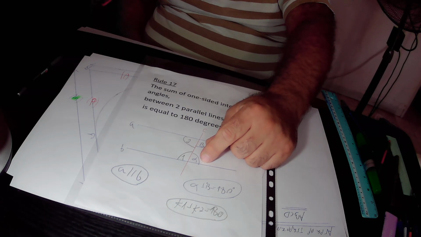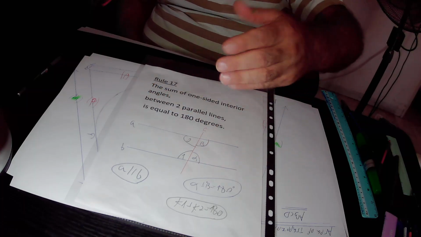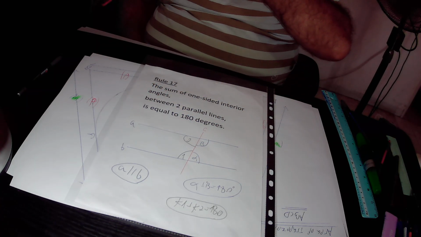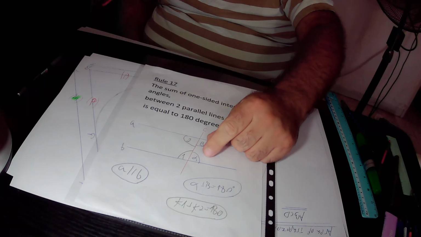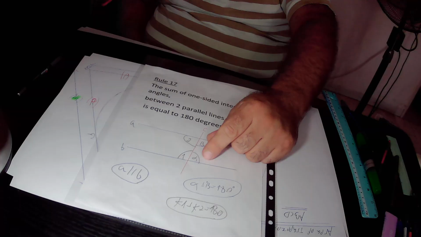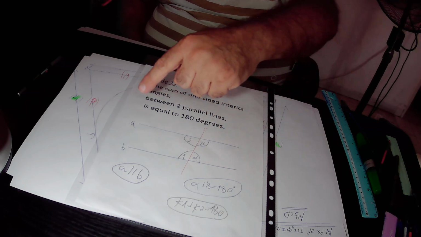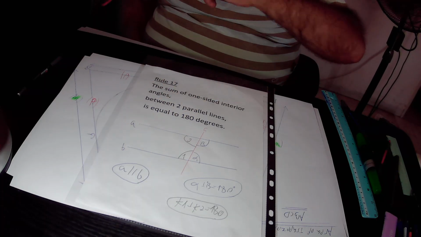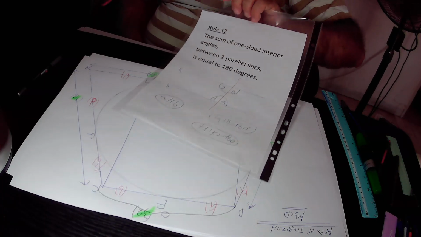They are located between the two parallel lines A and B. And according to Rule 17, the sum of those two one-sided interangles, alpha plus beta, is equal to 180 degrees because they are located between the parallel lines A and B. So we can implement Rule 17 in our domain.